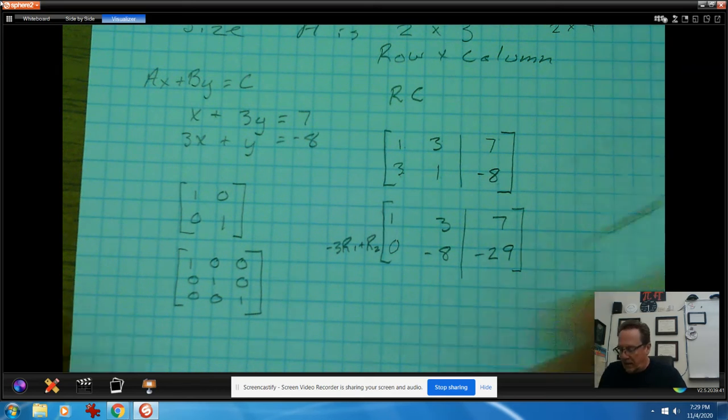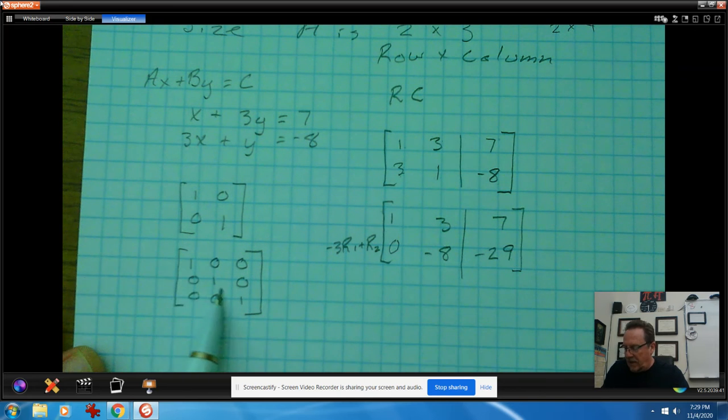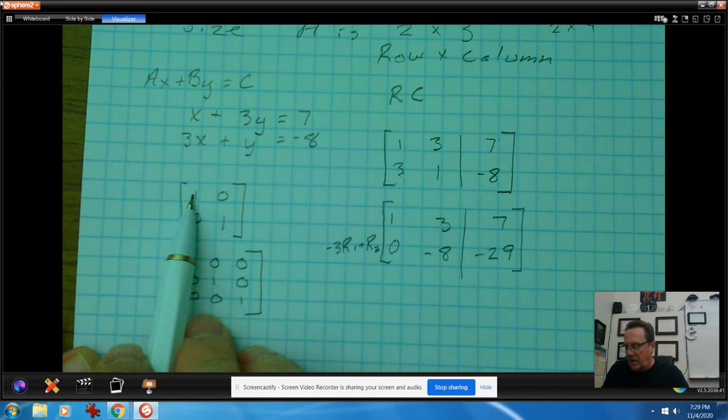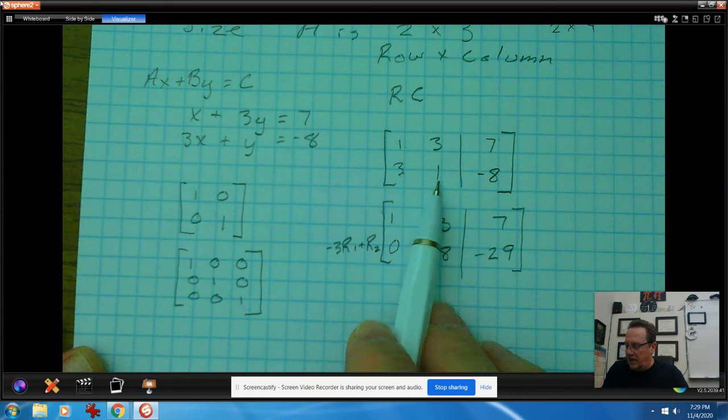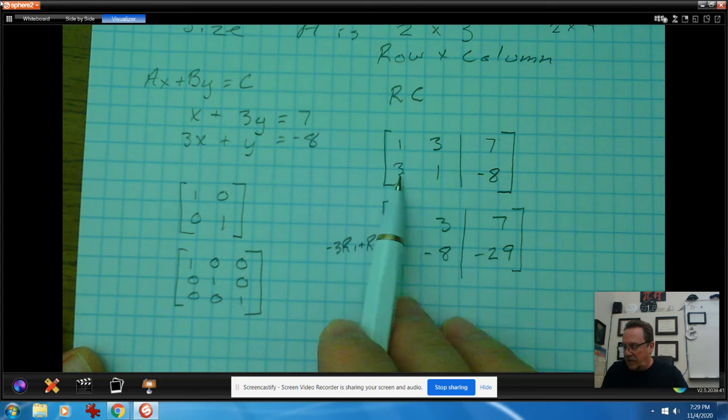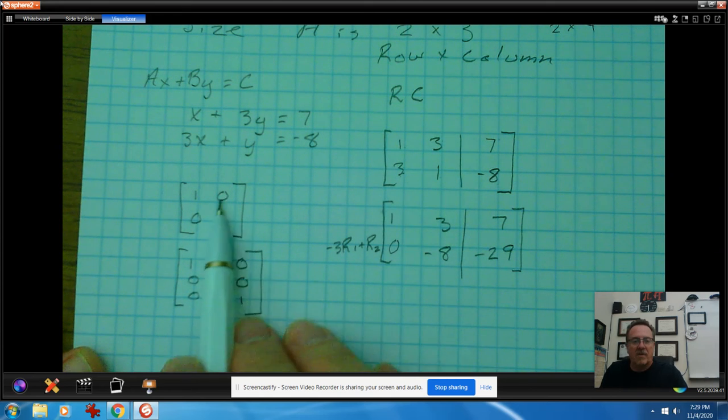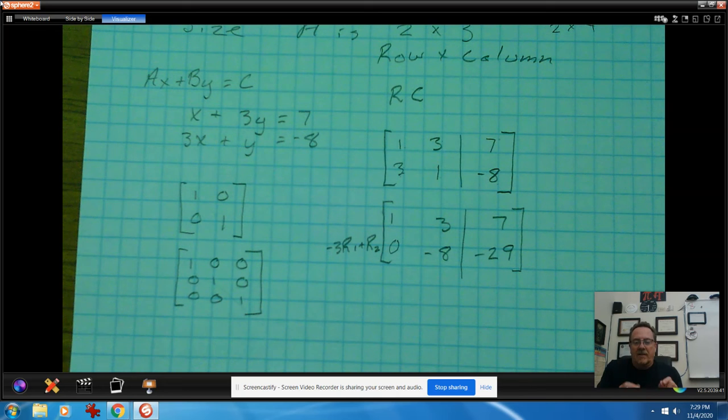Well, I'm trying to get 1s on the main diagonal, 0s everywhere else. It's a 2 by 2, so I need a 1 there and a 1 here. Notice that the other positions were filled with 3s, and I needed them to go to 0s. It is the elimination method. To get a 0 means that I've eliminated that, right?